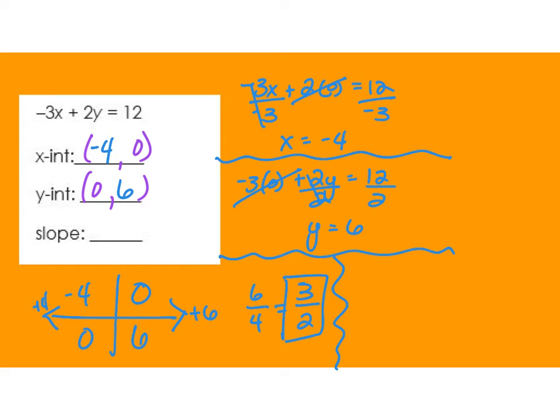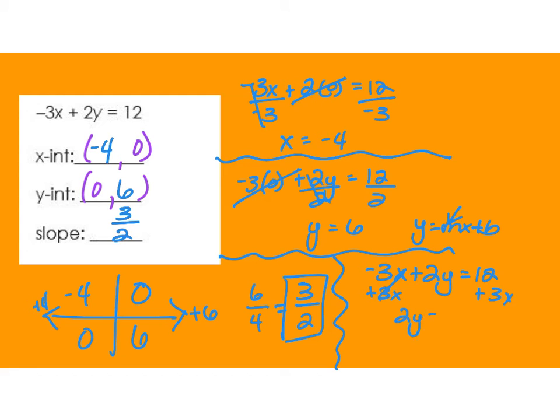That's one way you can find your slope. The other is to use the equation. And I'll show you that right now. Remember, if you have an equation in this format, the m is your slope. So couldn't I rewrite this equation in slope-intercept form to find my slope? Could I? Absolutely. I can add the 3x.